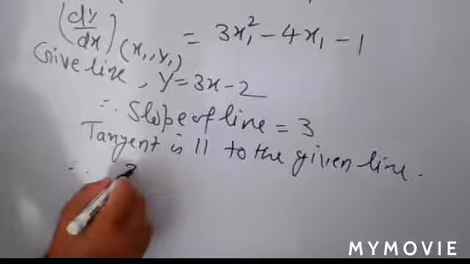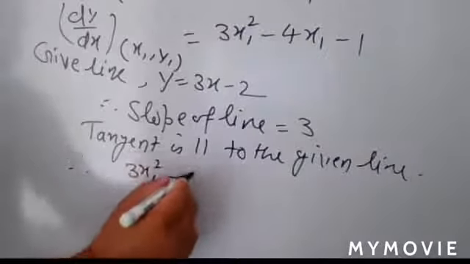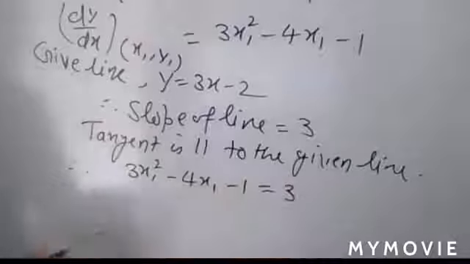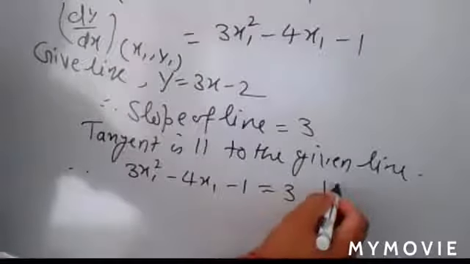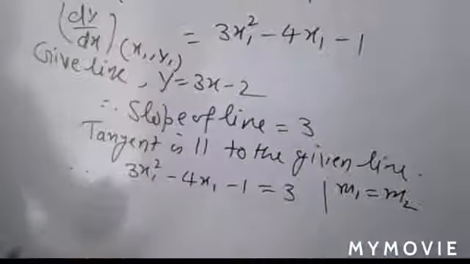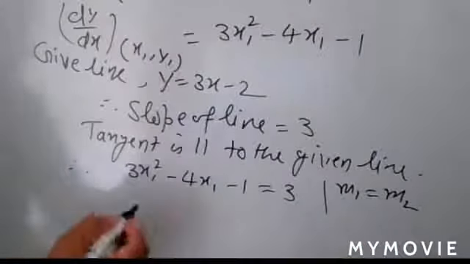So you write 3x1 square minus 4x1 minus 1 is equal to 3. Here you use the concept m1 is equal to m2 in case of parallel lines, understand?